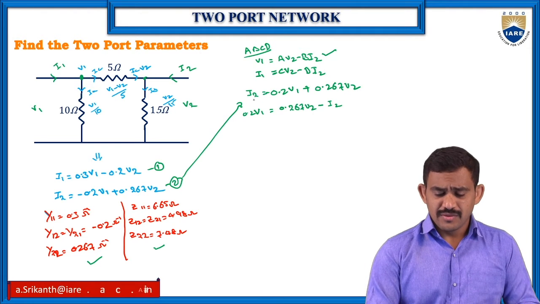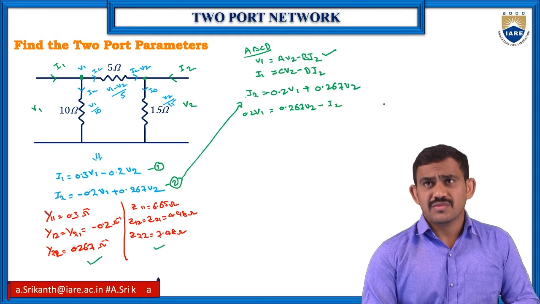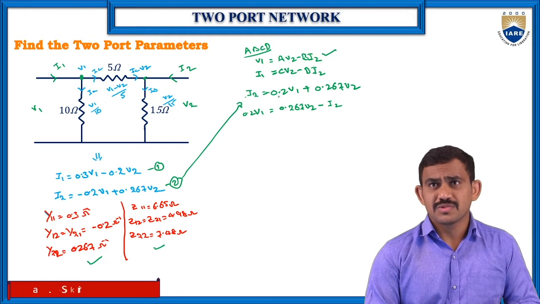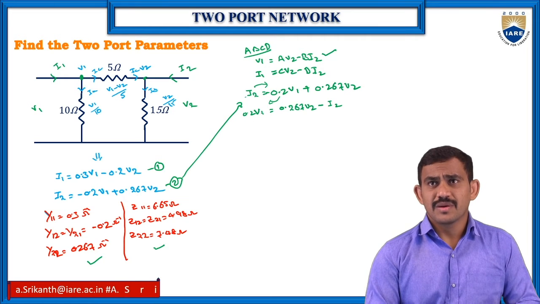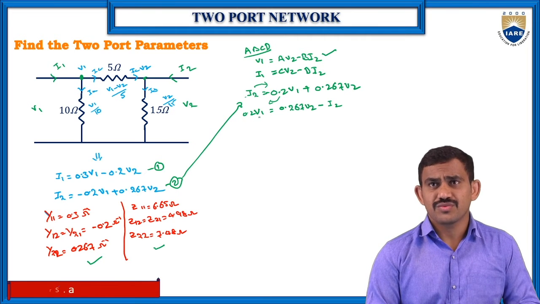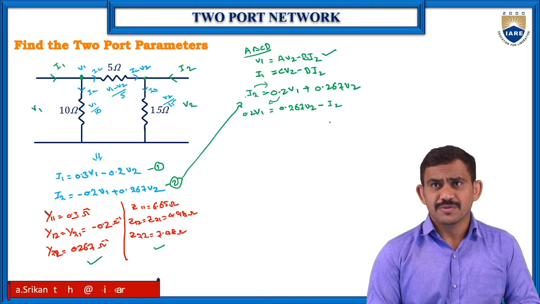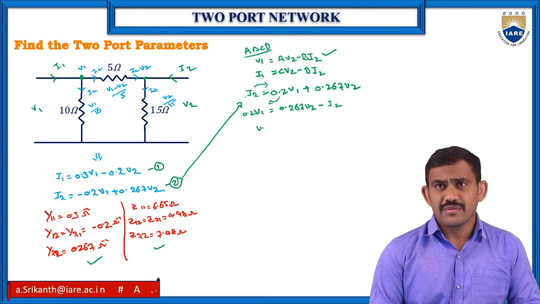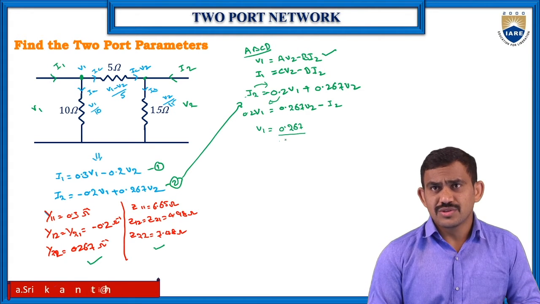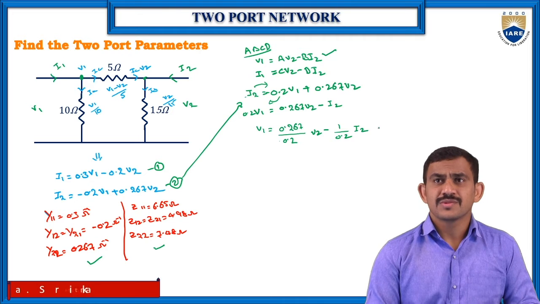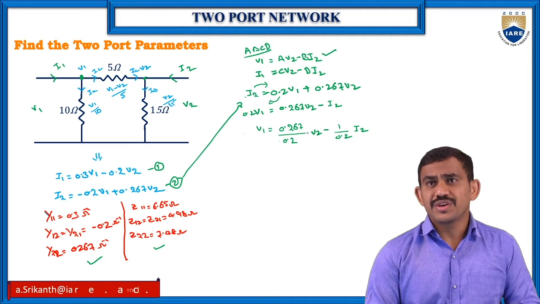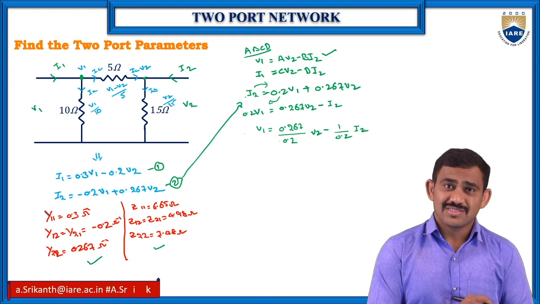Clear? So V1 equal to, just divide both sides: V1 equal to 0.267 by 0.2 V2 minus 1 by 0.2 I2. So now V1 in form of V2 and I2, so we'll get the ABCD values.